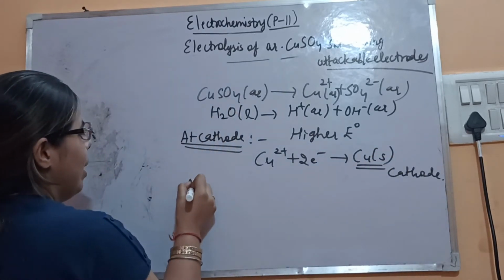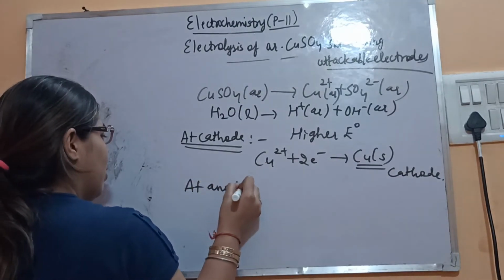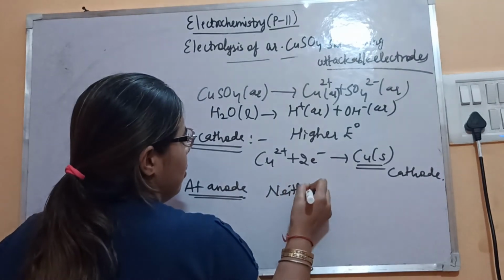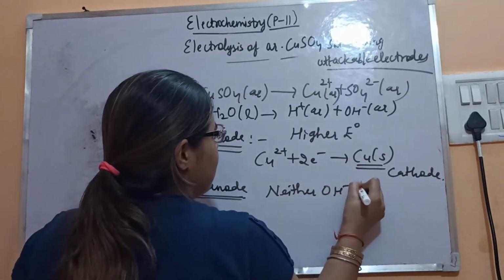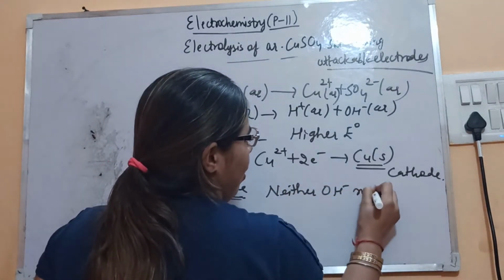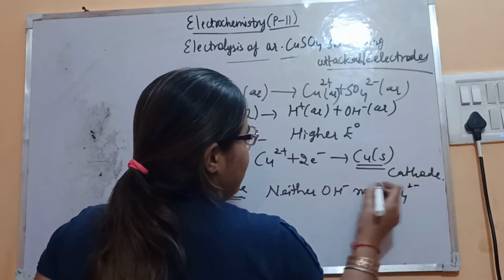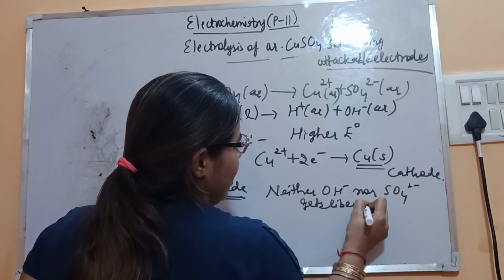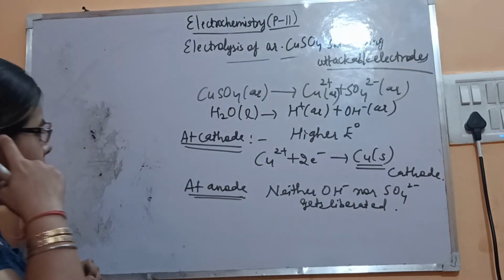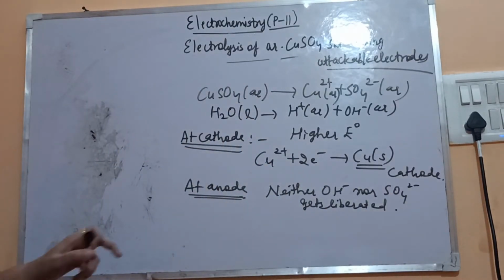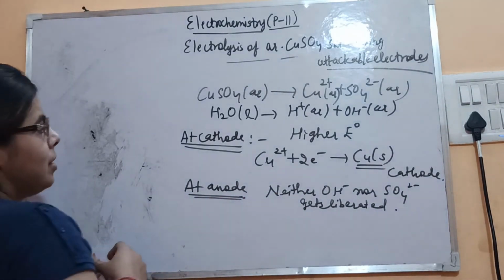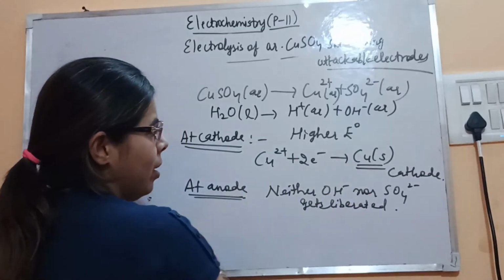Now at the anode, neither OH- nor sulfate gets liberated, because here the electrode is also taking part in the reaction. They do not interfere, they do not take part in the reaction. So what will happen here? Cu2+ is getting deposited at the cathode.